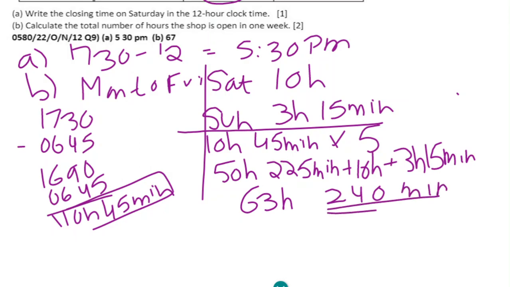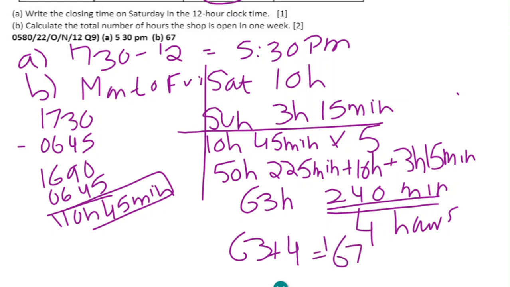Divide 240 minutes by 60 and you'll get, sorry, not 6 but 4 hours. So the final answer is 63 plus 4, which is 67 hours.